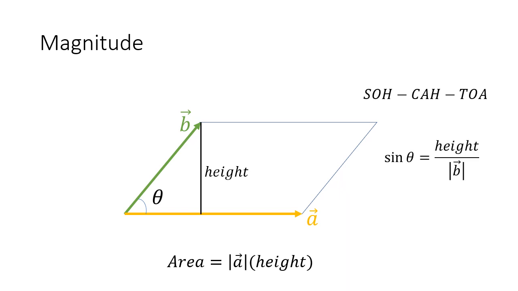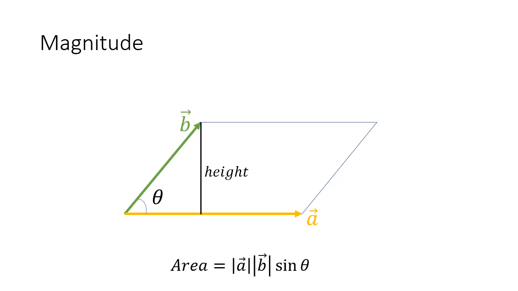Sine of theta is the opposite, which is my height, over the hypotenuse, which in this case is the magnitude of B. We can very easily solve for height by multiplying both sides by the magnitude of B. So the magnitude of B times sine theta is my height. I can make that substitution, and there's my formula for the area of the parallelogram spanned by A and B.